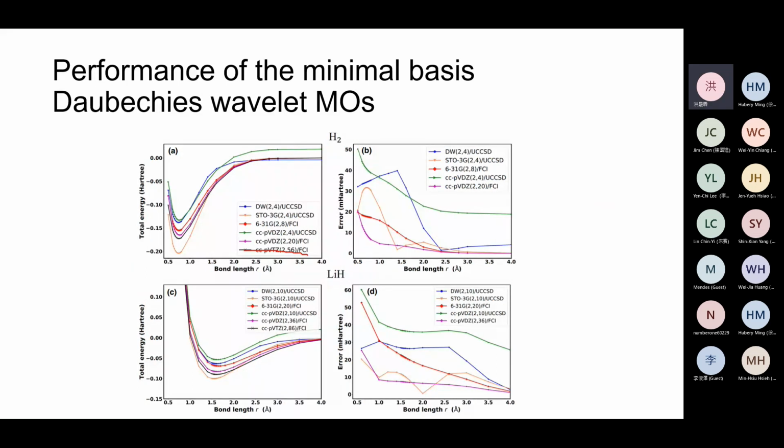We can see that for hydrogen and lithium hydride, the Daubechies wavelet orbital, the blue line, is roughly the same as the purple line in this part, and is always better than the truncated cc-pVDZ limited active space. And for lithium hydride, the more complex molecule, the result is more significant in showing that our Daubechies wavelet can generate a better result.